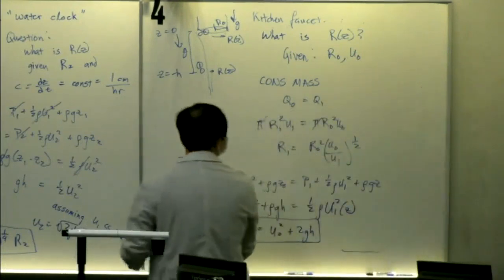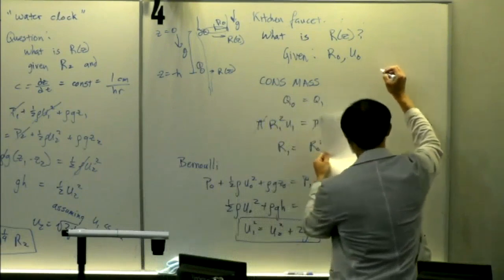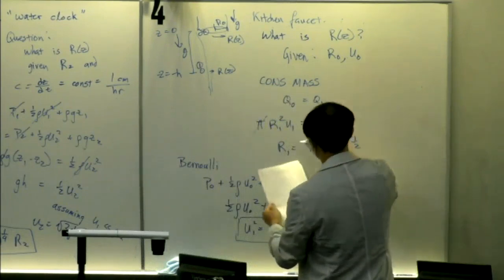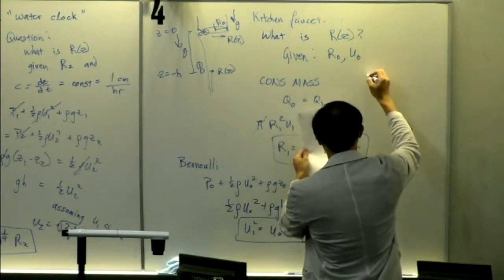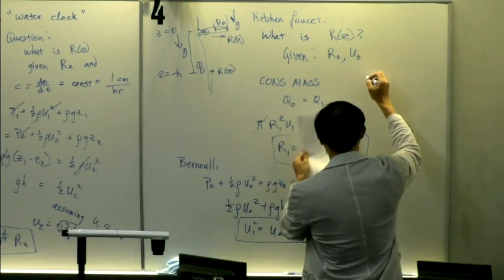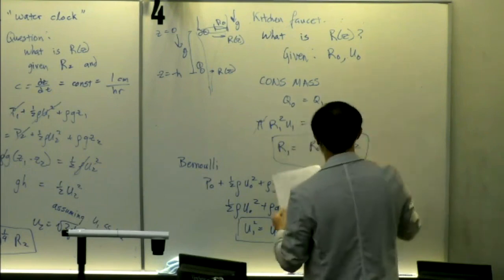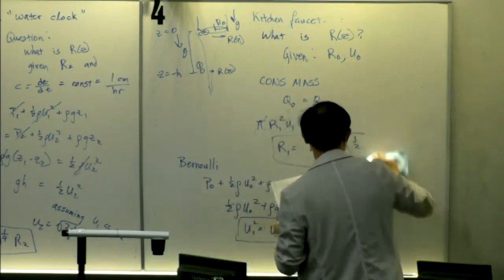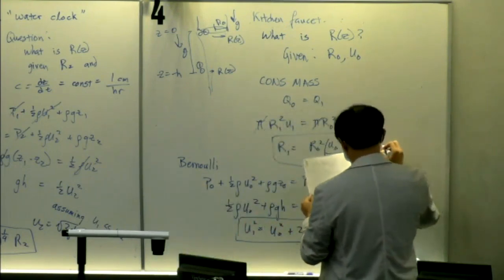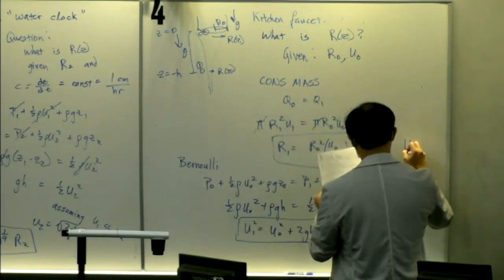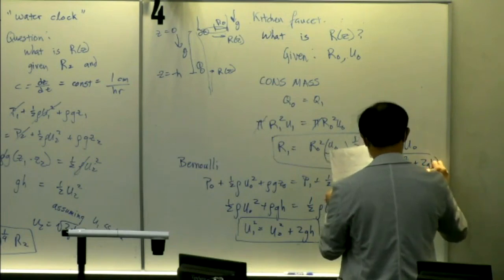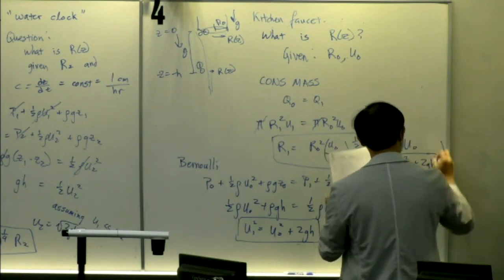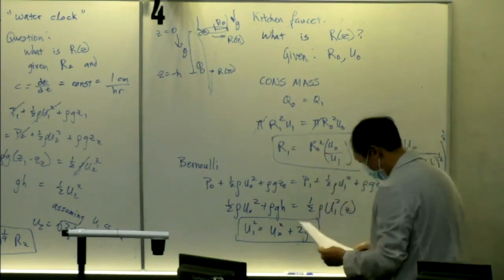And so putting this all together, we basically have these two facts, and you just have to put them together. So we'll just substitute up here. We substitute here, R naught, U naught over U naught squared plus. All right, and that's as much as I'll simplify for you.